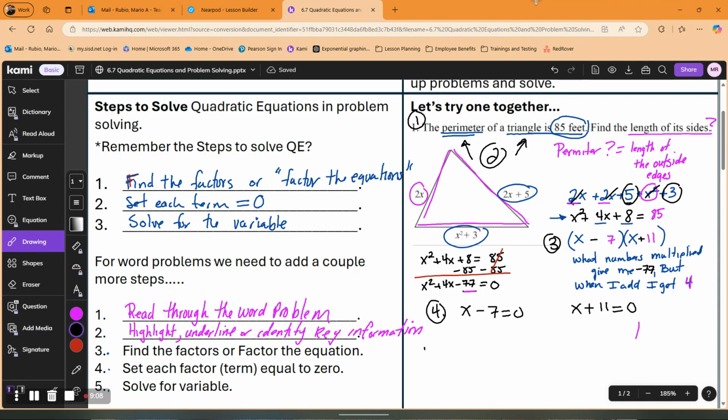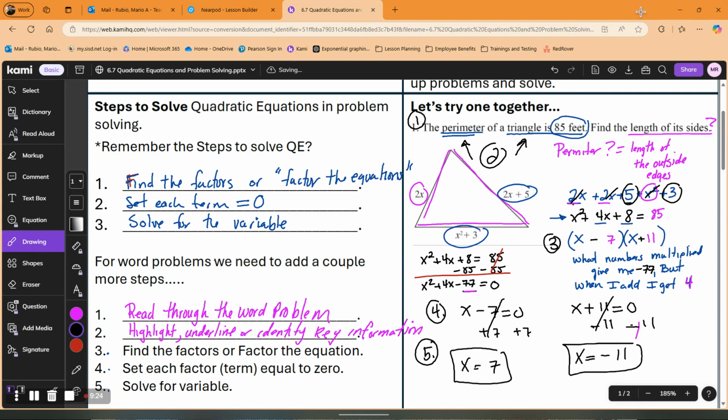And now I'm going to do step number 5, which is solve for the variable. And those are my answers.